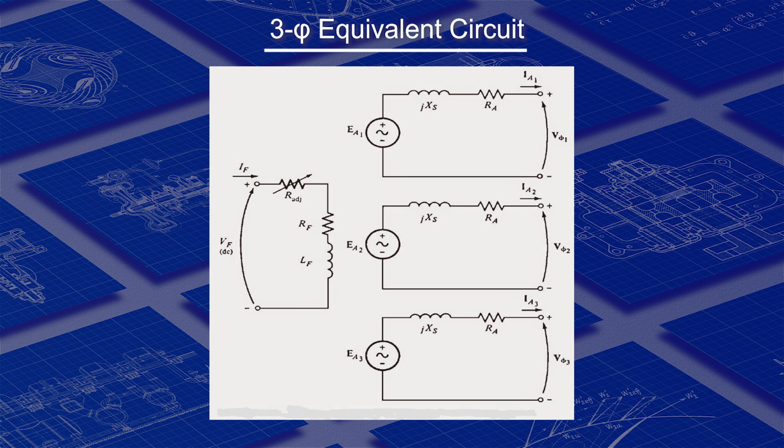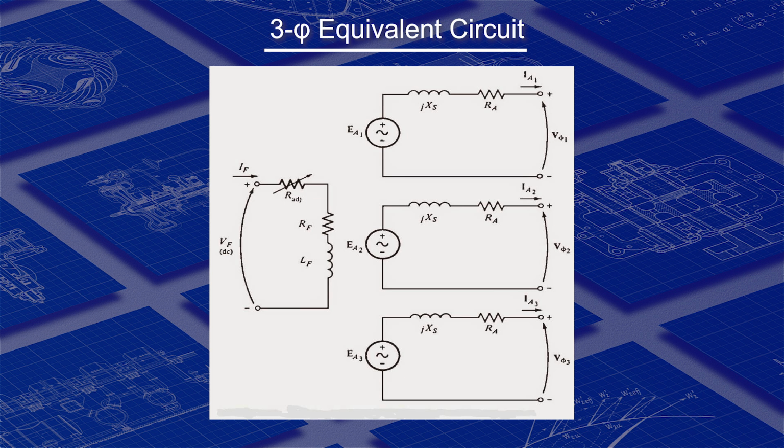So you have the field resistance marked as RF, and the field inductance marked as L suffix F. IF is the field current, and by varying this field current through the resistance connected there, we can modify the excitation of the machine. If the current is increased, the excitation will increase, and if the current decreases, the excitation will decrease.